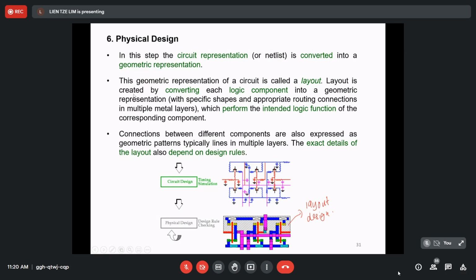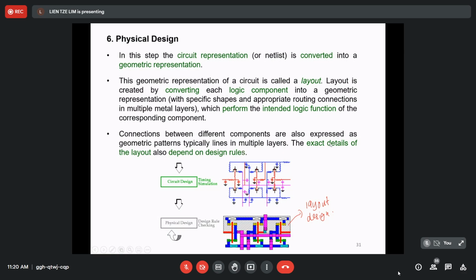Layout is created by converting each logic component into a geometric representation with specific shapes and appropriate routing connections in multiple metal layers, which perform the intended logic functions of the corresponding component. Connections between different components are also expressed as geometric patterns, typically lines in multiple layers.